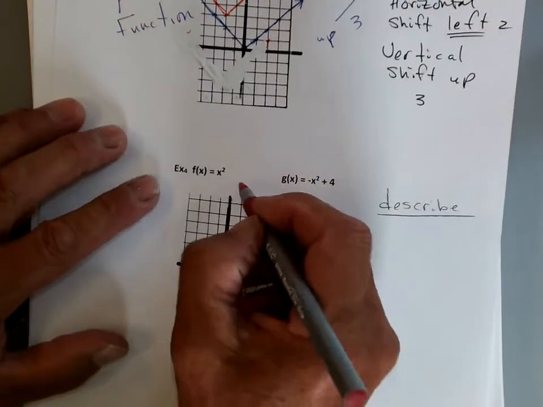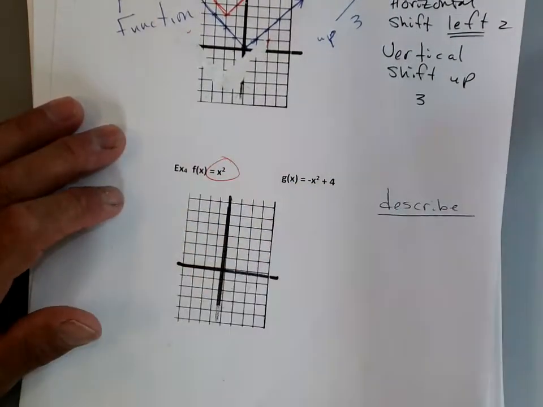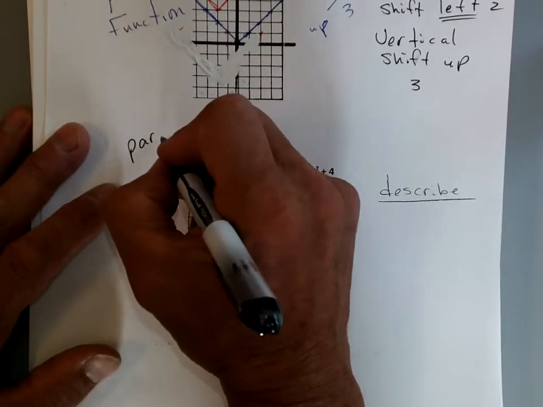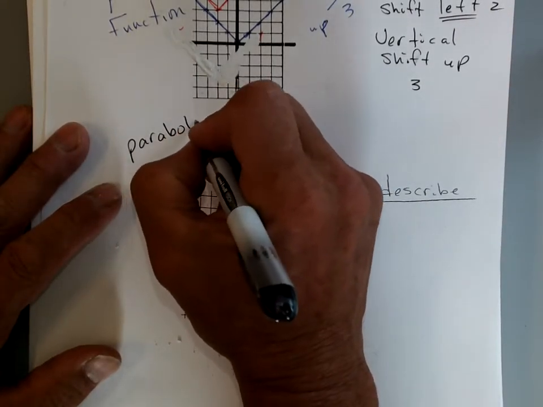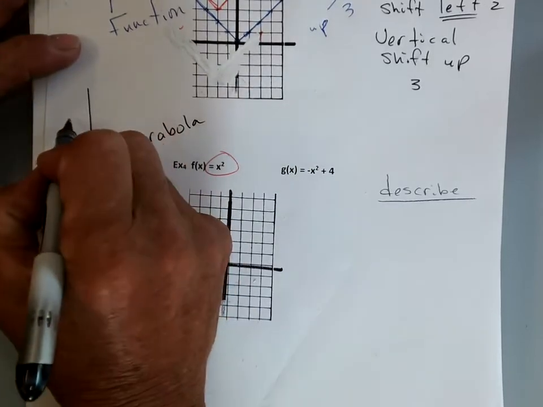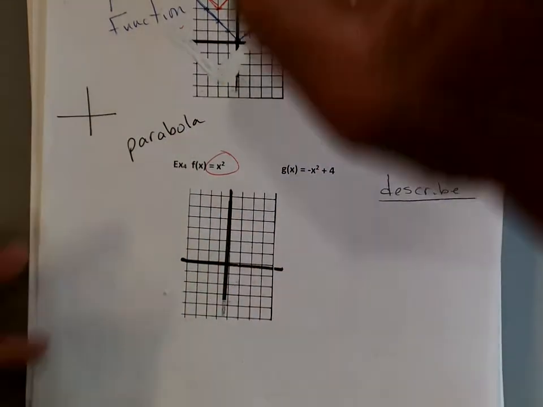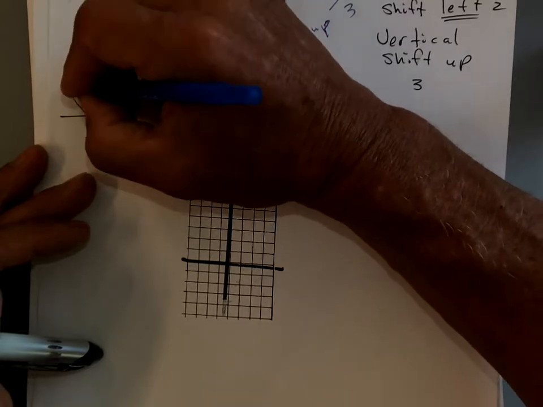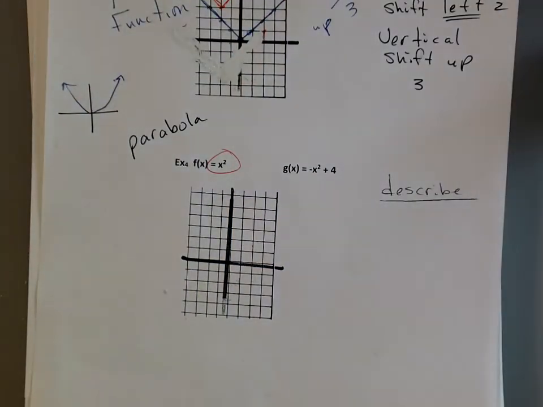Okay. Sorry about that. This is a parabola, the parent function. In a parabola, they look like smiley faces. That's what a parabola looks like, okay? Because we're going to square numbers.